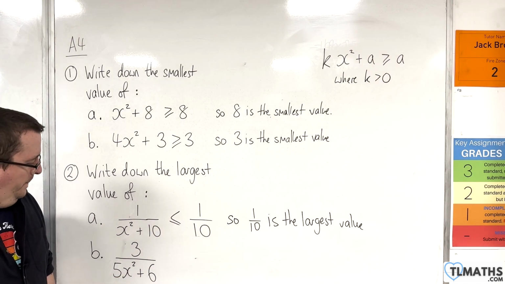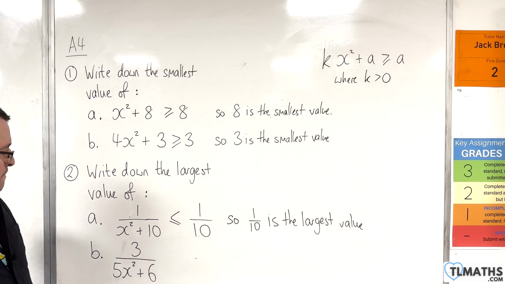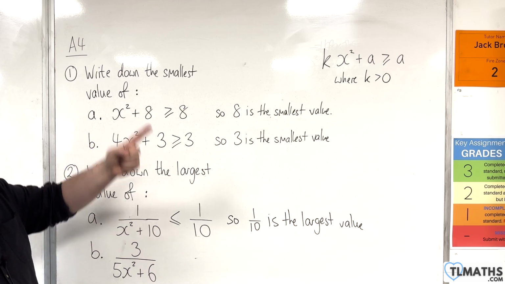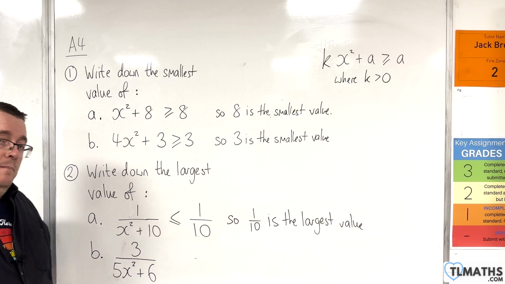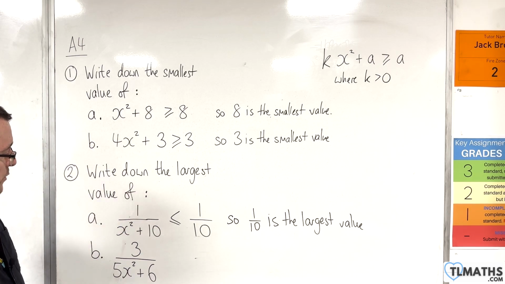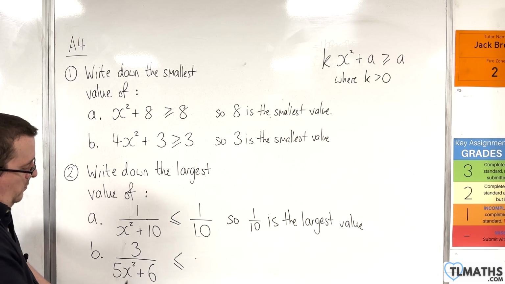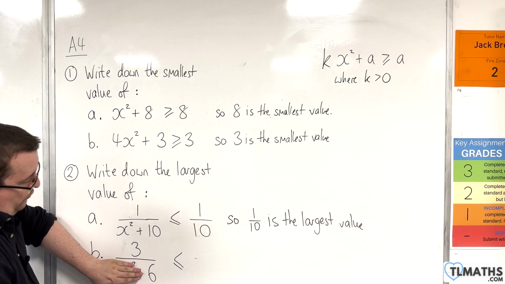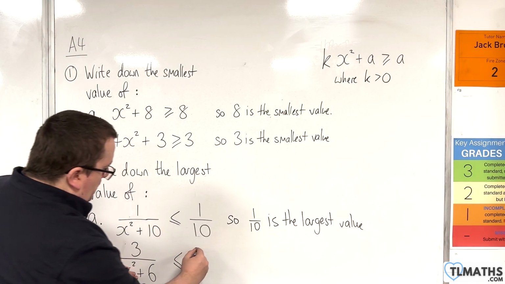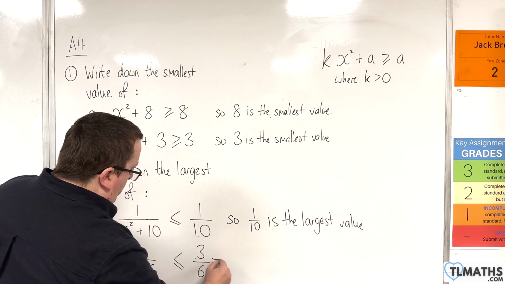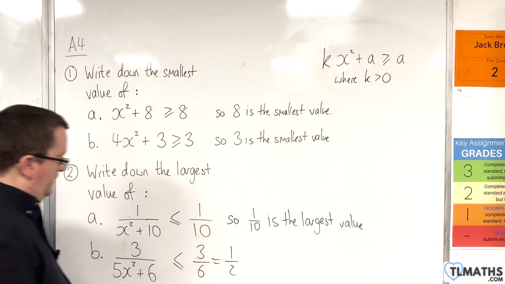How about this one? Well, remember what we said before? That 5 isn't going to make any difference. So this will only ever be less than or equal to, well, when x is 0, we're going to have 3 over 6, which of course is 1/2.